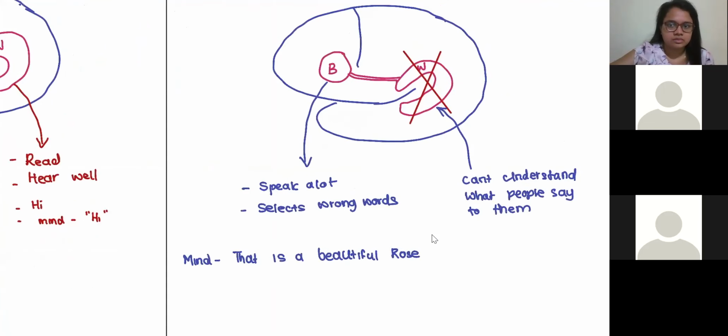Remember, this area tells you what to say. It sends signals here, and it takes the words from the dictionary and sends those words to Broca's area, and that's what speaks it. That's what I meant by mind.